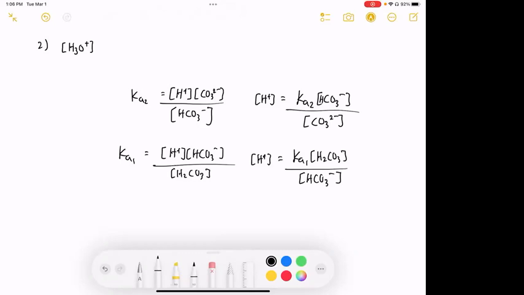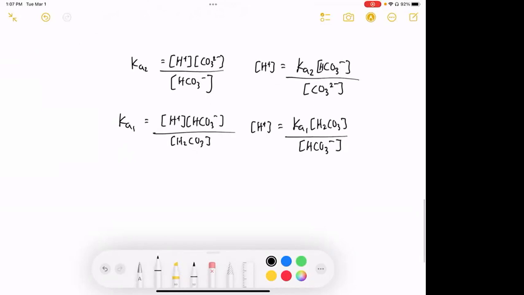So we know that they kind of combine these equalities here. They actually do something kind of weird, because they take the equation now for the base, the carbonate base, and I think they also do this.